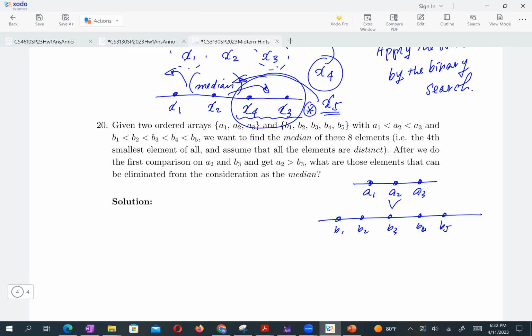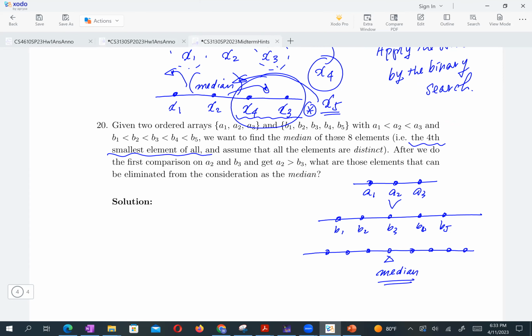Then we consider the median, the fourth smallest element of all. So the final sorted array has 8 elements, but our interest is at the fourth smallest, the median.